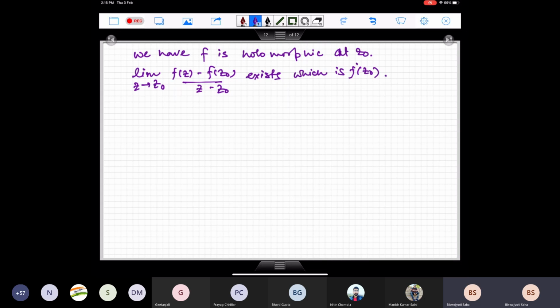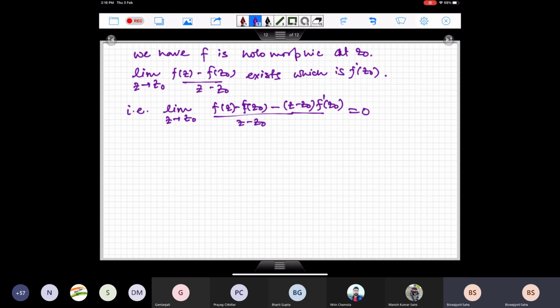So this particular ratio goes to f prime at z naught as z tends to z naught. If you have this, then in another way I can write the limit as z tends to z naught of f of z minus f of z naught divided by z minus z naught, and here I can subtract f prime of z naught, is equal to 0.